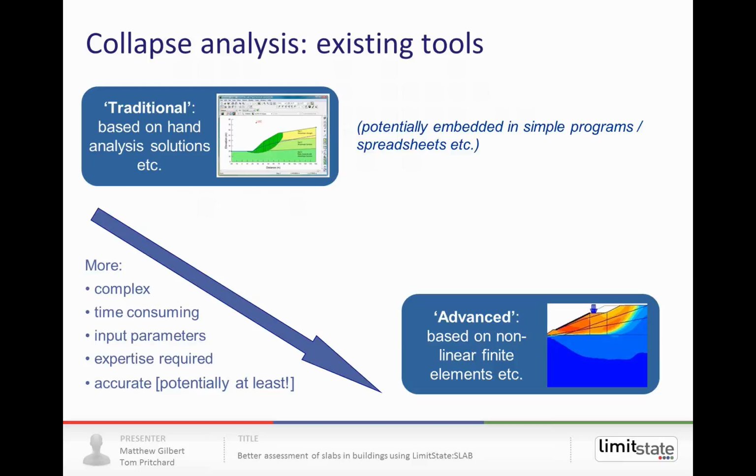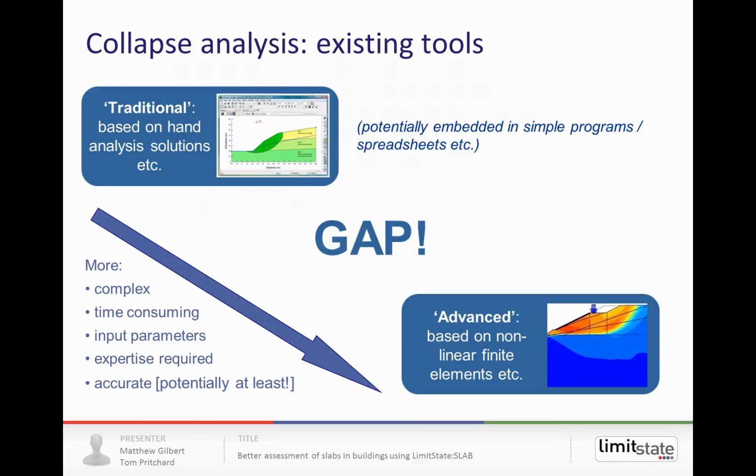So those tools are available, and at the other extreme we have advanced tools based on, for example, nonlinear finite elements and so forth. Very powerful. However, the downside is a lot of expertise required, a lot of time required typically, so not suitable for routine use.